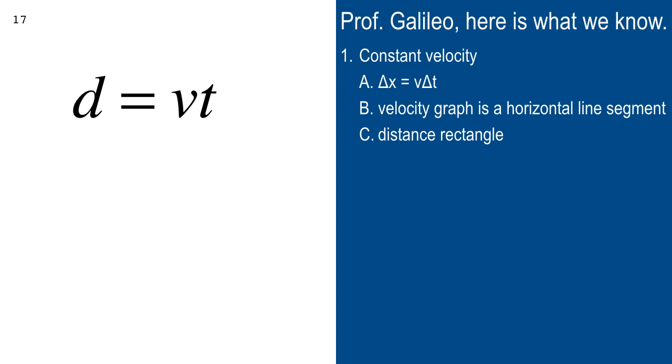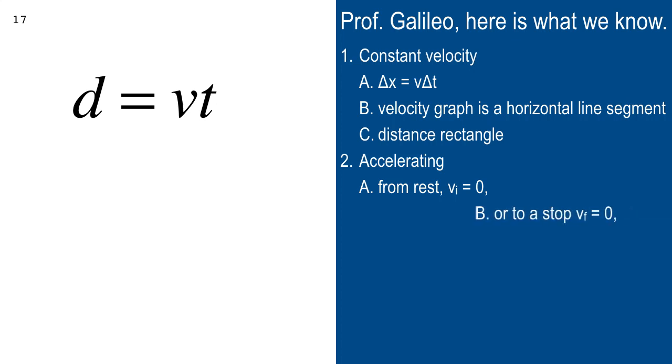Now, Professor Galileo, we must also report accelerating systems, which greatly interested Galileo, of course. If you make the simplifying assumption that it starts from rest, so VI equals 0, or it comes to a stop in which VF equals 0, then the change in position is 1/2 at squared.